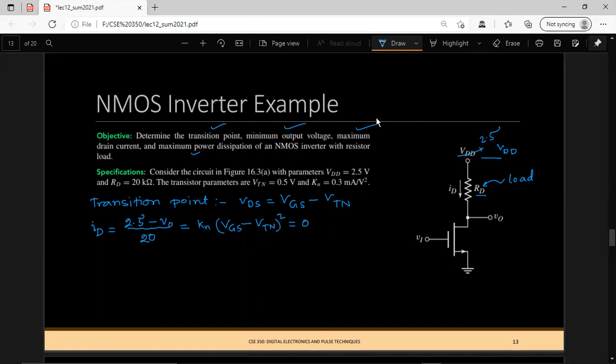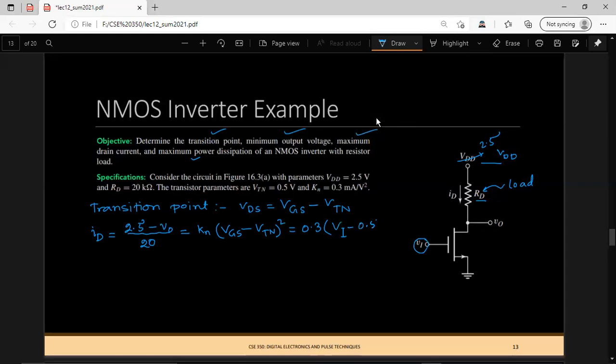So Kn is 0.3. We know the value for VGS for this condition, but the input is actually unknown because we don't know what the input voltage is, so we write it like this: Vi minus the threshold voltage 0.5, squared.